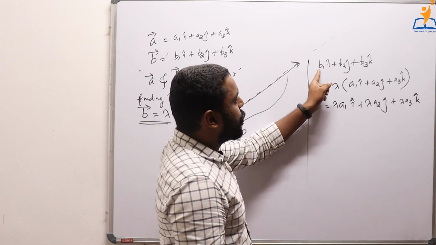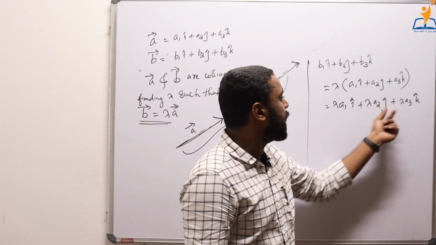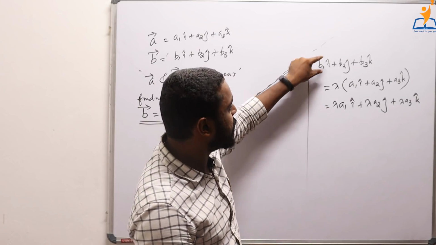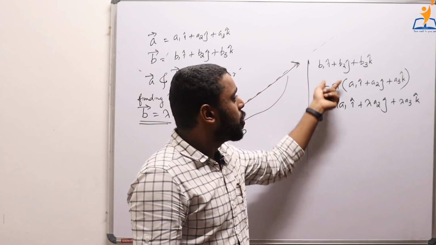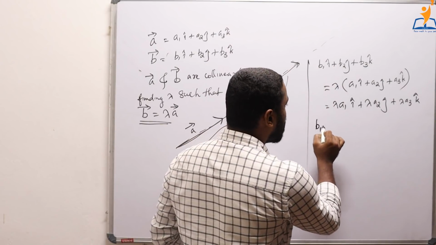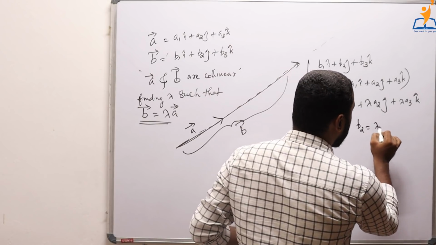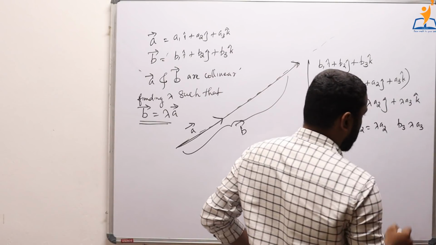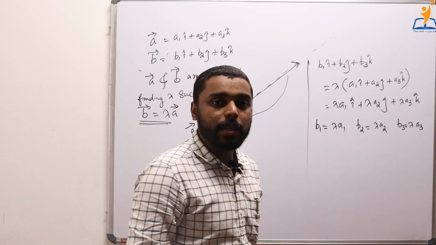See, the left side is b1 i cap plus b2 j cap plus b3 k cap, and the right side is this. So equating the respective components, this is the component in the x direction, and this is the component in the x direction, right? So we can equate the components in the respective directions. So b1 is equal to lambda a1, b2 is equal to lambda a2, b3 is equal to lambda a3, right? Now we can evaluate lambda from each equation.